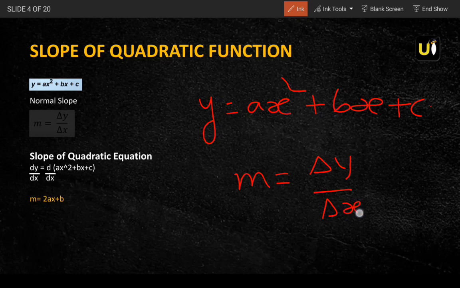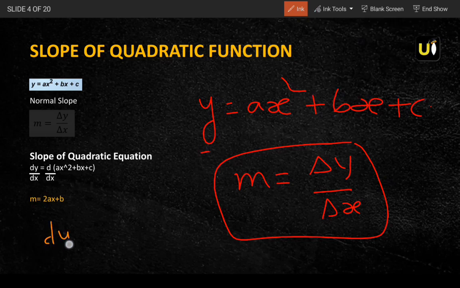To find the slope of a quadratic equation at a particular point, it's not quadratic equation, it's quadratic function. To find the slope at a given point for a quadratic function, you have to substitute that point in the slope equation. Here m is equal to 2ax plus b.